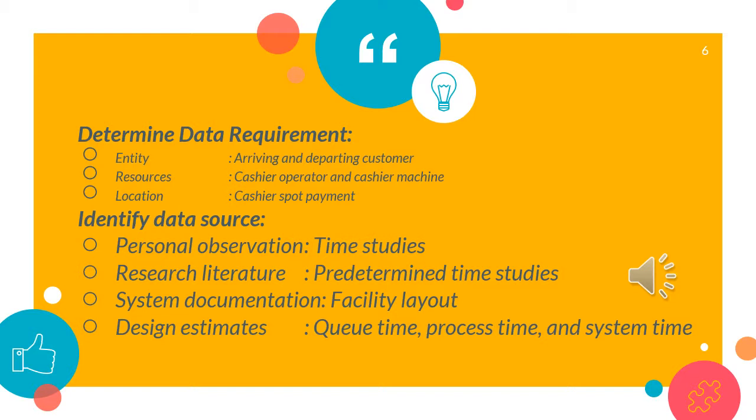And next, we identify data source. The first is personal observation is time study, research literature is predetermined time study, system documentation is facility layout, and design estimate is queue time, processing time, and system time.